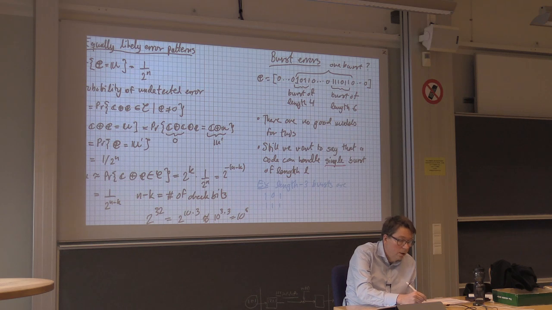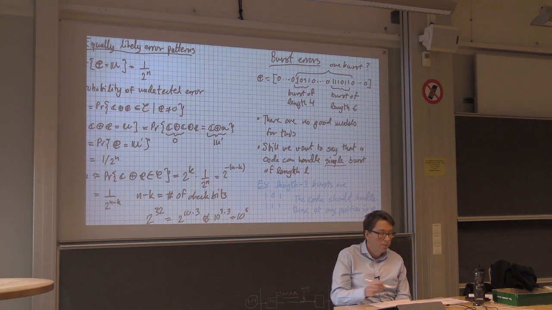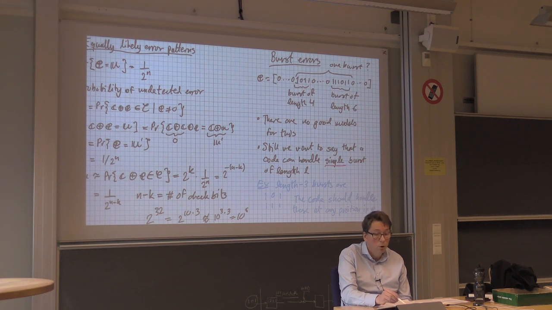And then the code should handle these at any position in the error vector E. So we have these two patterns, 101 or 111, and they could happen anywhere in the E vector. We didn't say how long the E vector could be, but you should be able to handle all of these events.